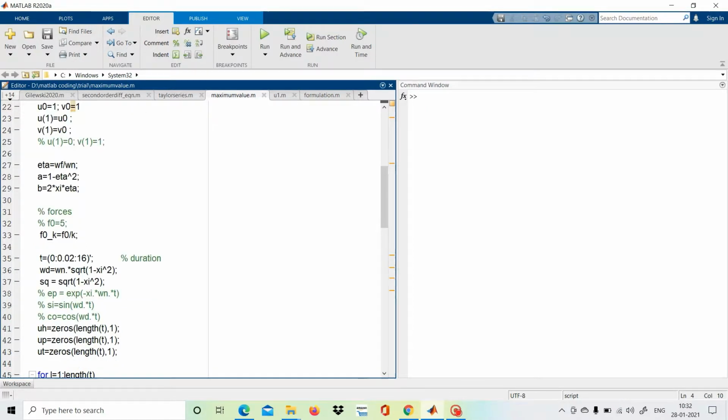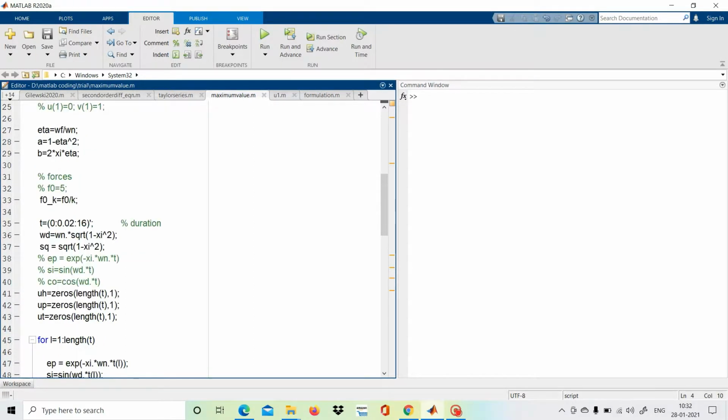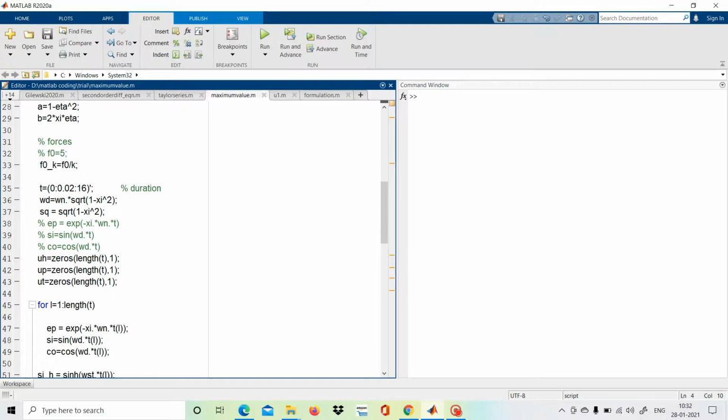We have taken the duration up to 16 seconds, discretized with 0.02, and omega d we have considered as omega n square root of 1 minus xi square, and this square root we can write in short as sq. We will find the homogeneous solution, so we have zeros of length of t, comma 1, where up is the particular solution and the other is the total solution. We have written it so that the values get stored in it.